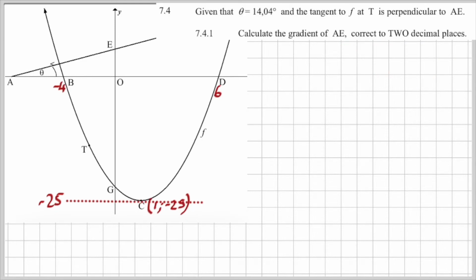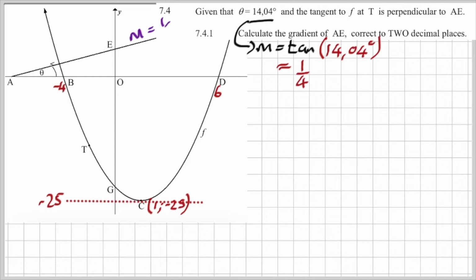Question 7.4. Given that theta is 14,04 degrees, boom, I love it, because automatically I'm seeing that m must be equal to tan of theta. My gradient is 1 over 4, because if I substitute the 14,04 into tan, I get 0.25 and then some more values.